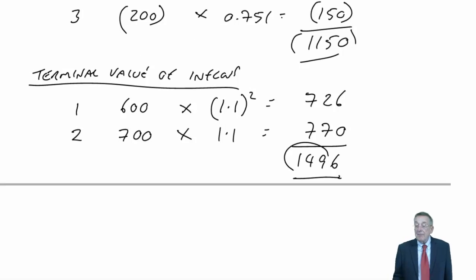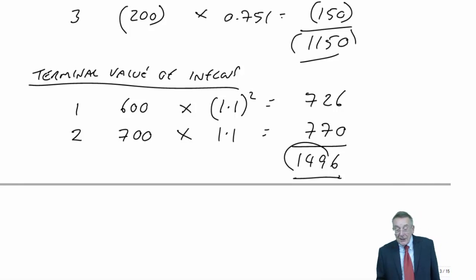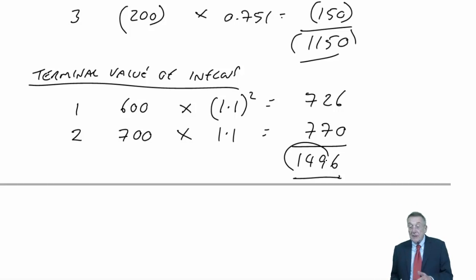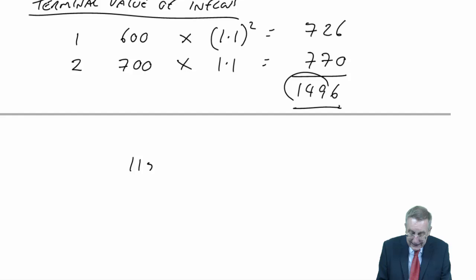What we do is say this. For the MIRR, we say what rate of interest would make 1150 grow in 3 years to 1496. 1150, that, remember, is the present value of the outflows.